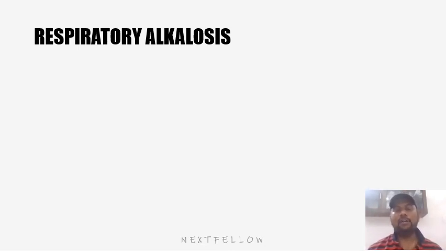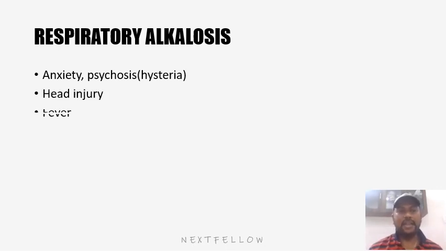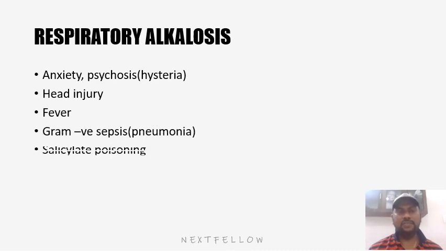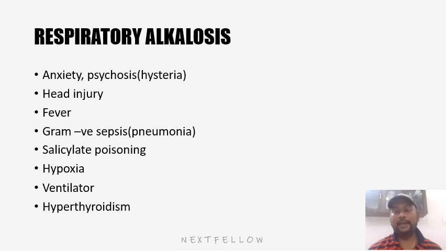This carbon dioxide washout or hyperventilation can happen in the following conditions: when a patient is in anxiety or suffering from hysteria, head injury, fever, gram-negative sepsis, salicylate poisoning, hypoxia, patients on an artificial ventilator, and even hyperthyroid patients. In all these patients, the respiratory center may be stimulated, leading to hyperventilation, excess washout of carbon dioxide, and ultimately respiratory alkalosis. So these are the various causes for respiratory alkalosis.